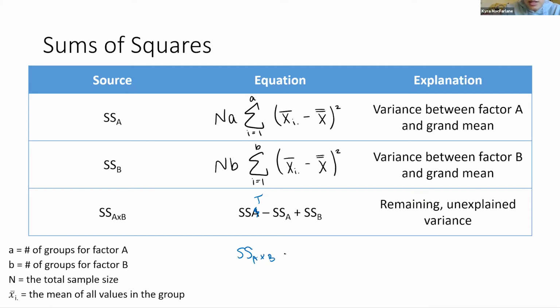So the sum of squares for the interaction is equal to the sum of squares total minus the sum of squares A plus the sum of squares B. Wait, I think these should also be in a parenthesis. So essentially, the sum of squares interaction is just everything that isn't the sum of squares A and sum of squares B.